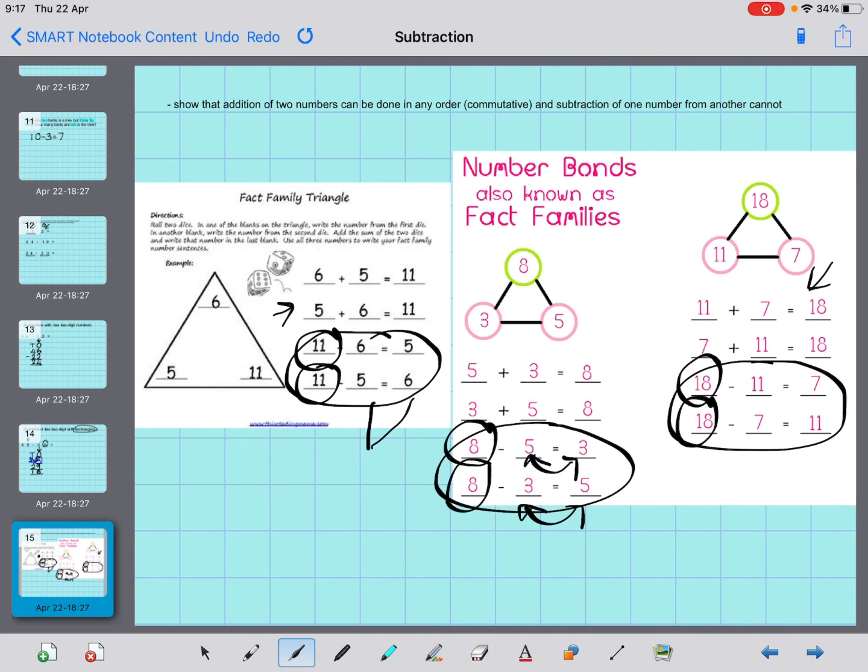I need to start with 18 when I'm subtracting, but I can always swap over these two numbers. So we're always looking for ways that numbers relate to each other and interact with each other in terms of addition and subtraction, so that we know that we can swap around numbers to create number families.